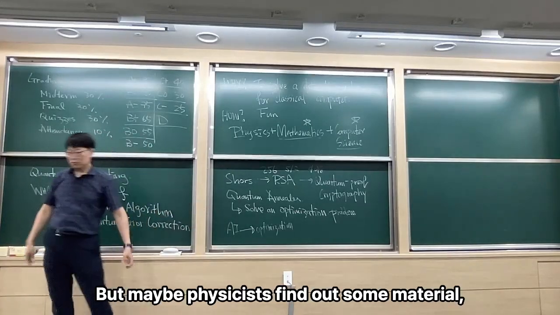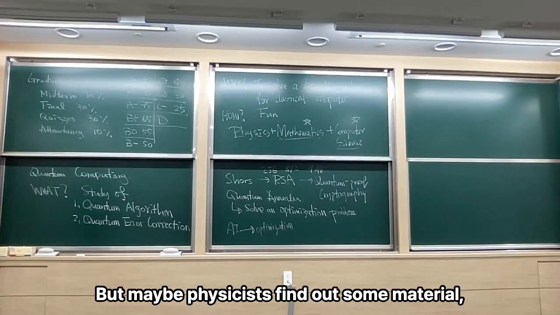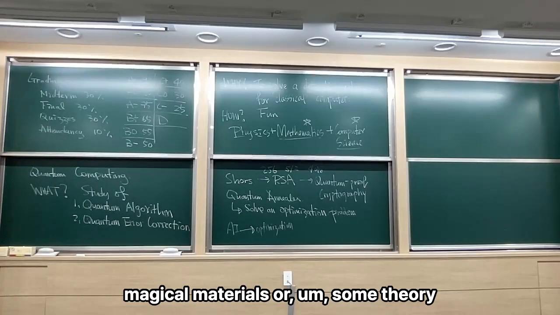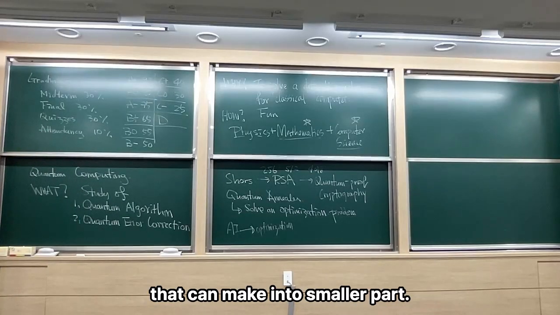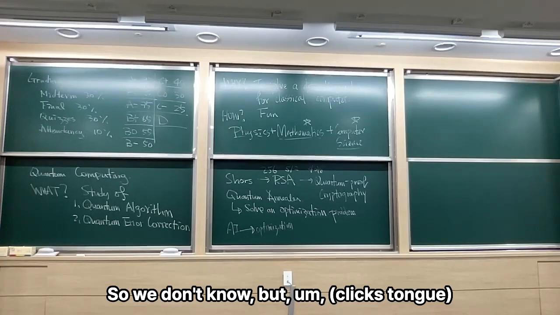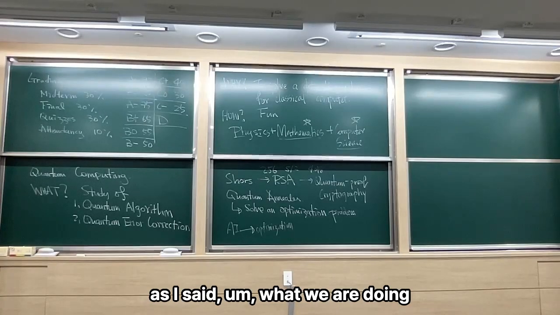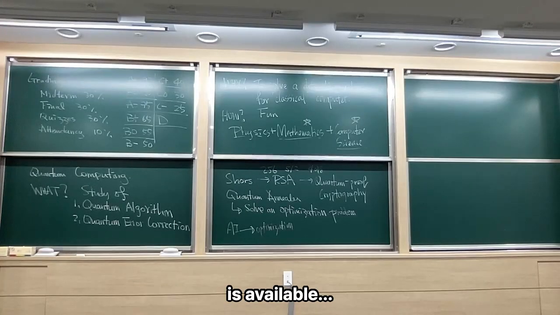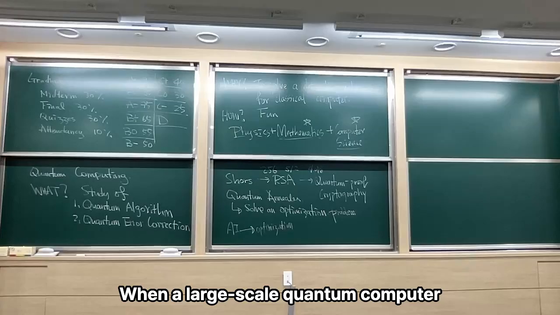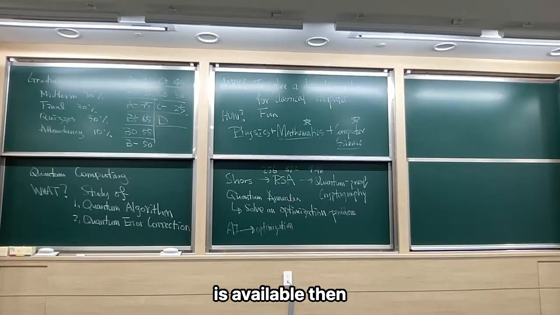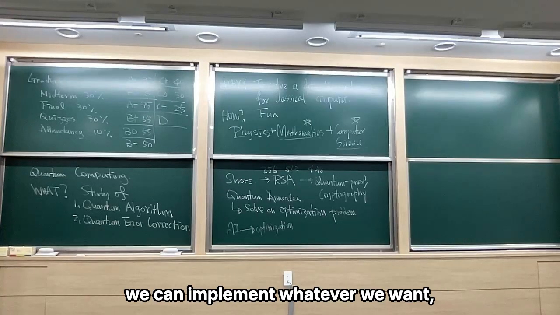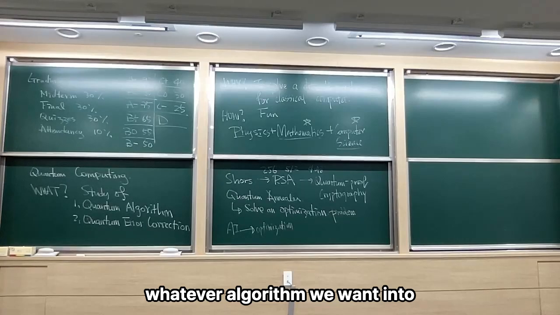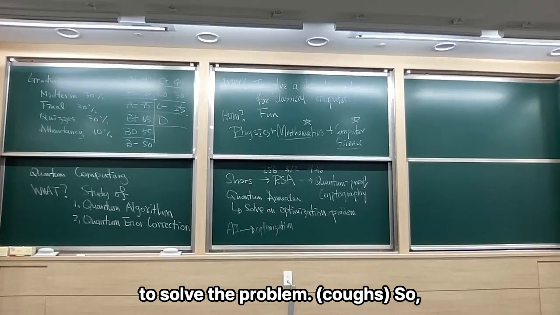But maybe physicists will find some magical materials or some theory that can make it smaller. We don't know, but as I said, when a large-scale quantum computer is available, then we can implement whatever algorithm we want on that quantum computer to solve the problem.